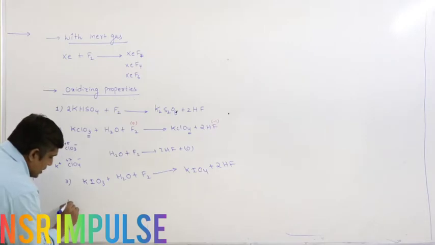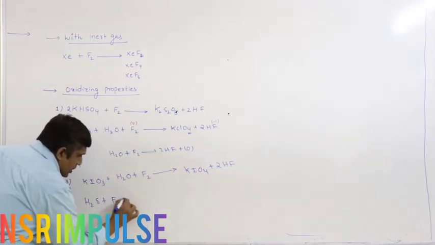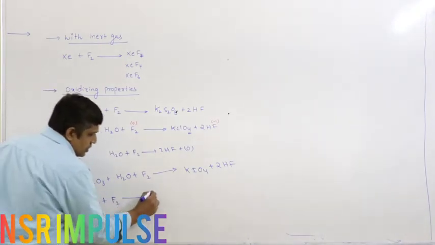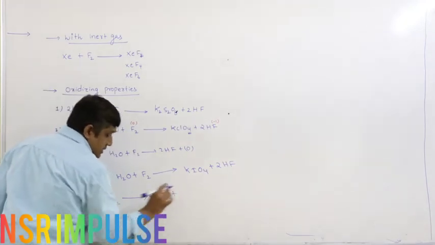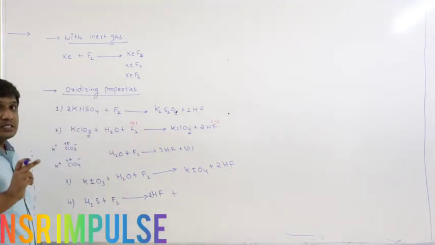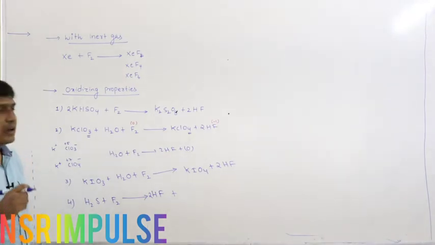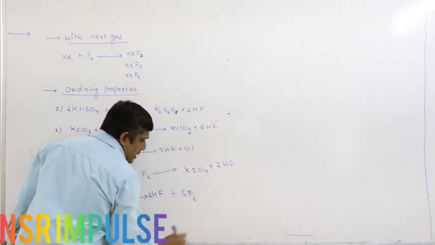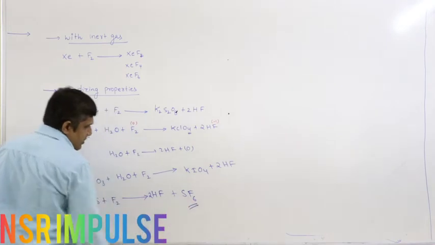So we have one more, that is H2S. Can you guess the products here? Right, H2 and F2 gives HF. Will I get S? The answer is no. When sulfur is exposed to fluorine, what I will get is SF6. The reaction cannot be stopped till you get hexafluoride. So always you will get SF6.